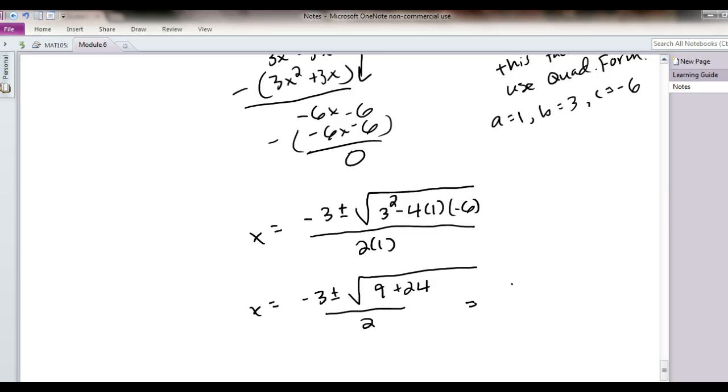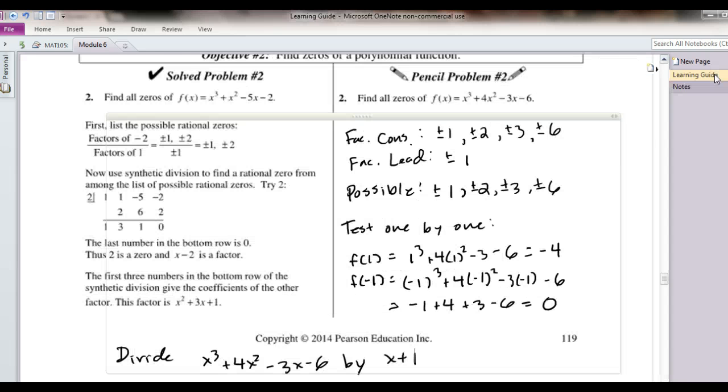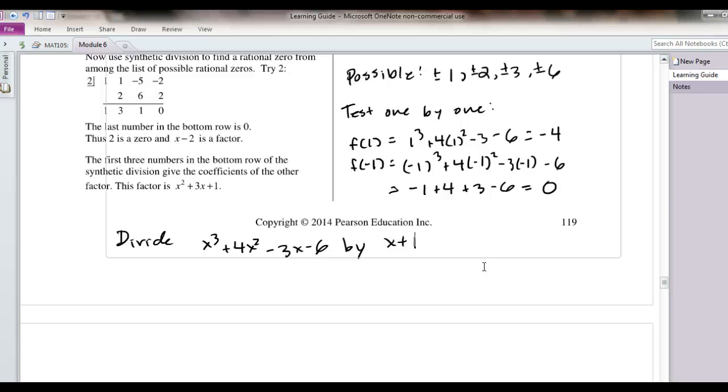So this is negative 3 plus or minus the square root of 33 over 2. So those are our other two zeros. So not super nice, but we can still find them. So notice those are both irrational zeros, so those don't even appear in our possible list.